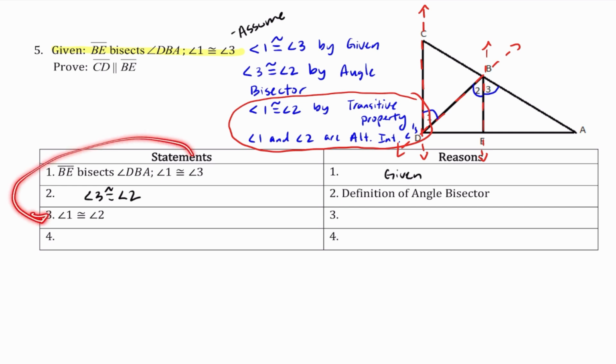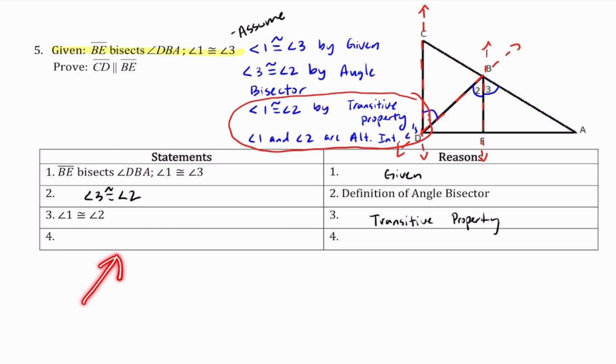And then I get to statement number 3. If angle 1 is congruent to angle 3 and angle 3 is congruent to angle 2, then by the transitive property, angle 1 is congruent to angle 2.